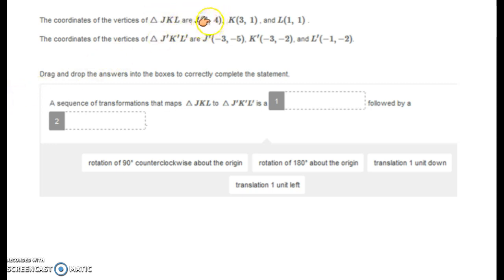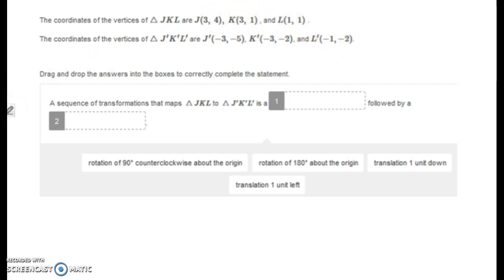But the first thing I'd like to do is look and see, okay, how are these numbers changing? The first thing I notice is the x went from positive to negative here, the x went from positive to negative here, and the x went from positive to negative here. Alright, so that's pretty important.